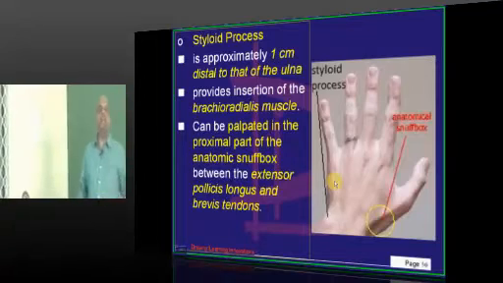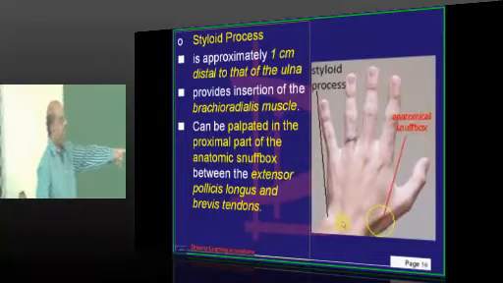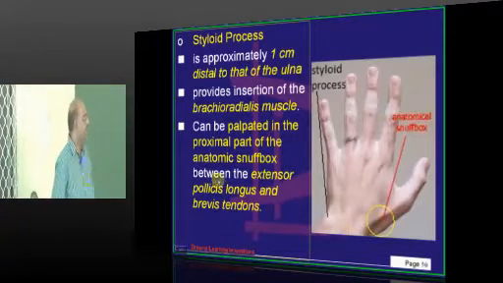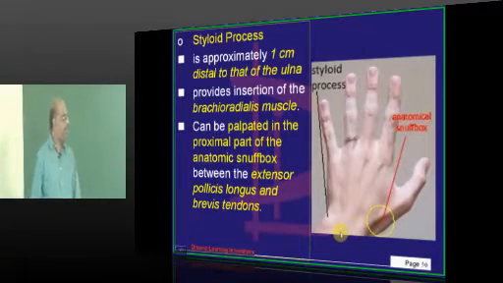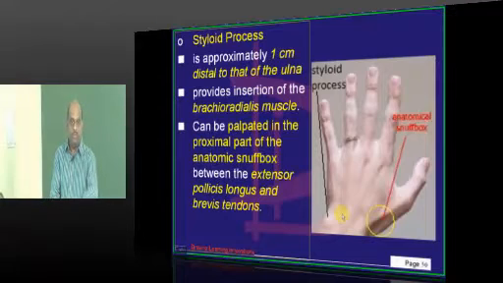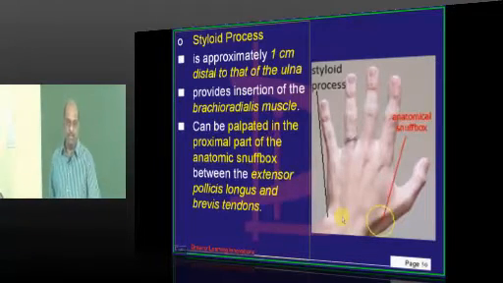Now coming to the radial styloid. Radial styloid compared to that of the ulnar styloid is much more distal. 1 centimeter distal is what you need to know. And why the styloid need to be remembered? We have one brachioradialis, no? You remember we discussed forearm muscles in our first class of anatomy, right?